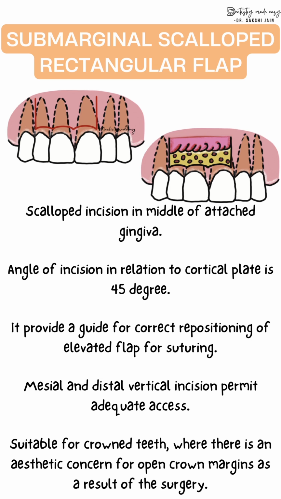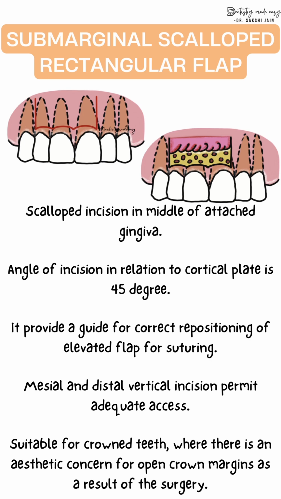Mesial or the mesiodistal vertical releasing incision permits adequate access to the surgical site, and the vertical incisions of the mucogingival flap should be parallel. The junction where the horizontal scalloped incision meets the vertical incision should be rounded to promote smoother and faster healing. When the intersection is 90 degrees, there will be slow healing.